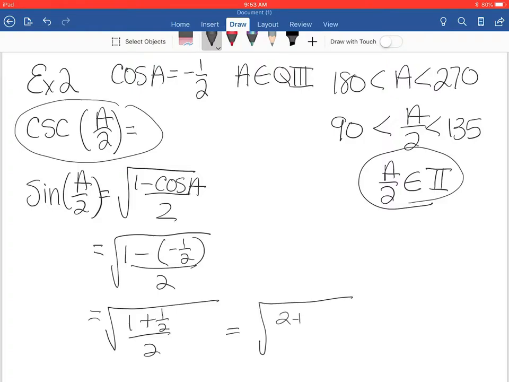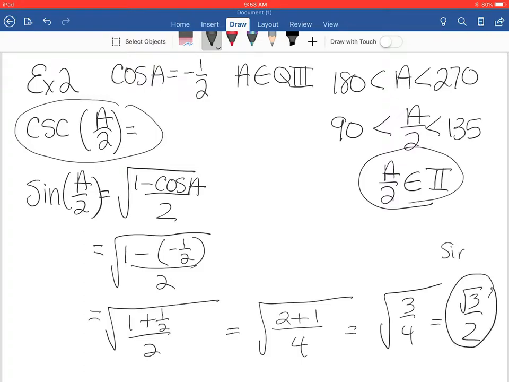So I have 2 plus 1 over 4, which will give me the square root of 3 over 4, which I can simplify to the square root of 3 over 2. Now this is equivalent to the sine of A over 2, so I know that the cosecant of A over 2 must be 2 over the square root of 3.